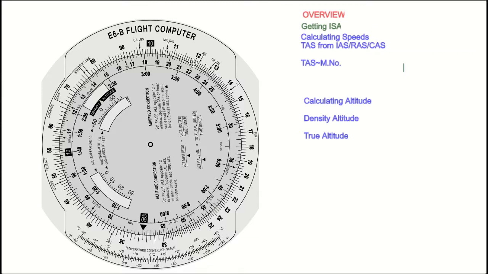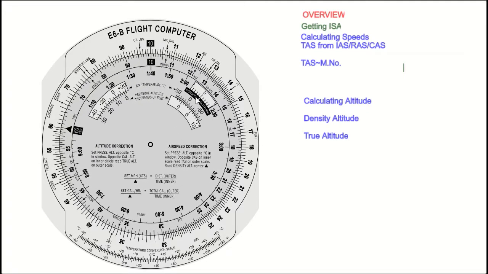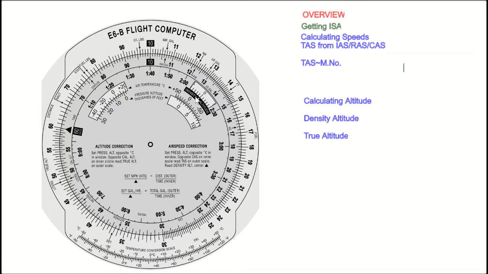Because once I know the ISA temperature, I can easily subtract 15 degrees from there and figure out the actual ambient temperature outside. The simplest way to do it is, remember 10 on 10. You just align the 10 on the inner scale with the 10 on the outer scale, and now we are at ISA.